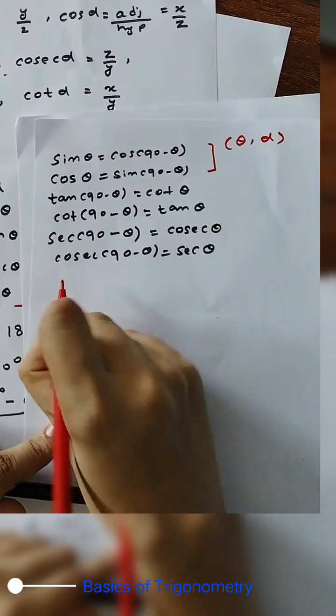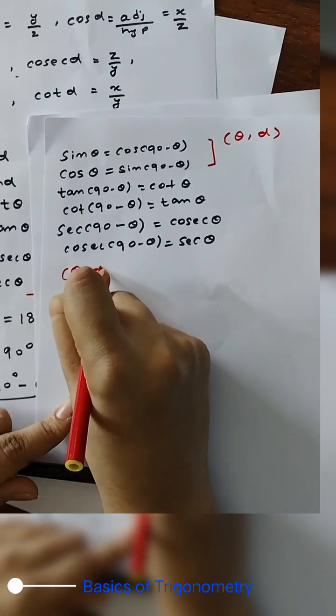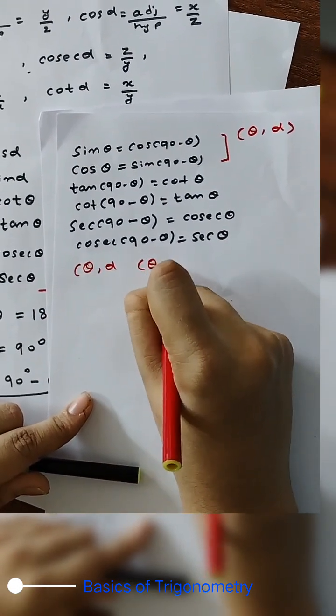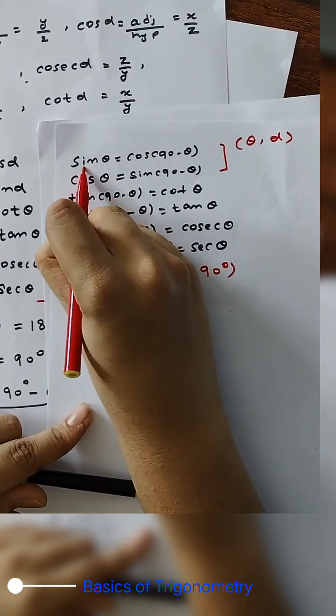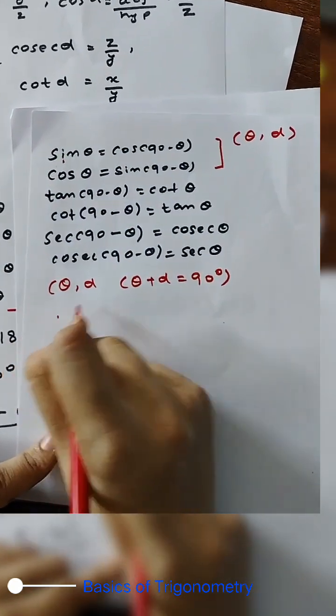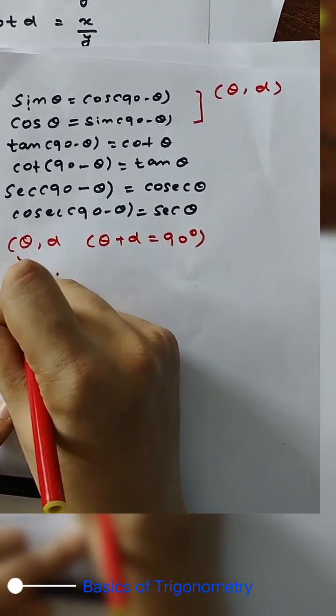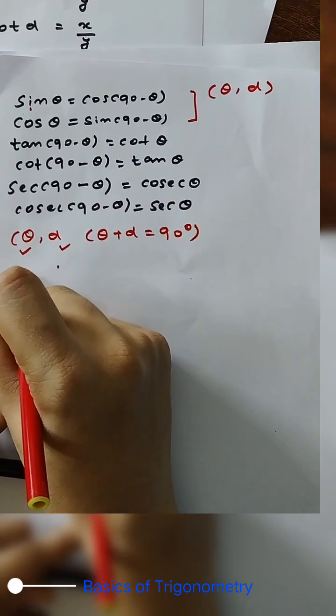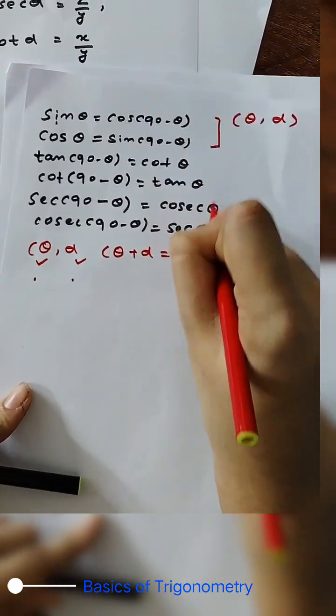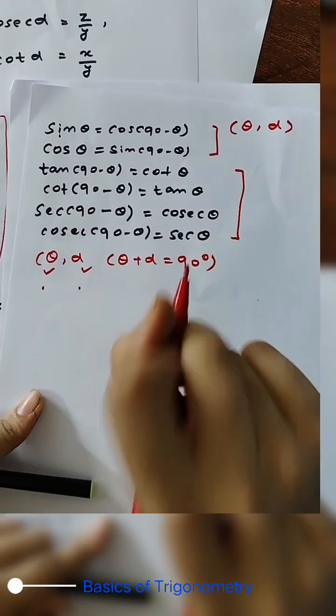So for two complementary angles theta and alpha, whose sum theta plus alpha is equal to 90 degrees, sine of theta will be equal to cos of alpha. Similarly, cos of alpha will be equal to sine of theta, and vice versa for all other trigonometric ratios which we have proved here.